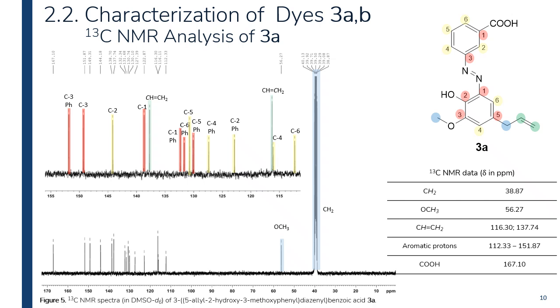In the aromatic region, the quaternary aromatic carbons, those not bonded to hydrogen, are highlighted in red in the spectrum, making them easily distinguished from the protonated aromatic carbons. Finally, a distinct signal is attributed to the carboxylic acid carbon, confirming the presence of the benzoic acid in the molecule. Overall, these results demonstrate that all the expected functional groups were successfully incorporated into the final structure of dye 3A.